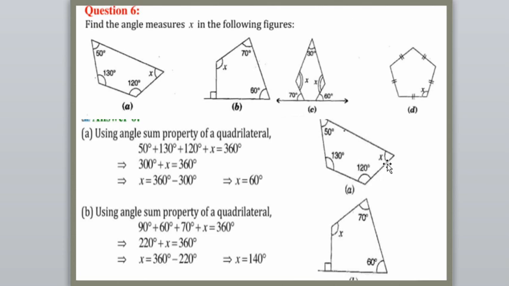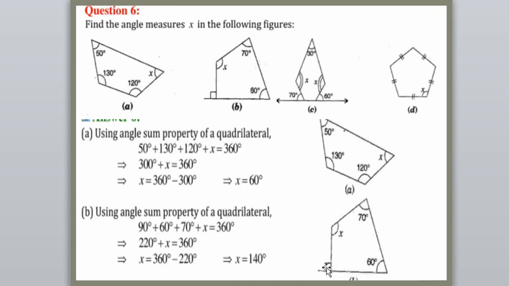Next, B. It is also a quadrilateral where 4 sides and 4 angles are given, and we know that the angle sum property of a quadrilateral is 360 degree. Here x, 70 degree and 60 degree are given, but what is the measure of this angle? Here one angle is given as 90 degree, and this is another angle.